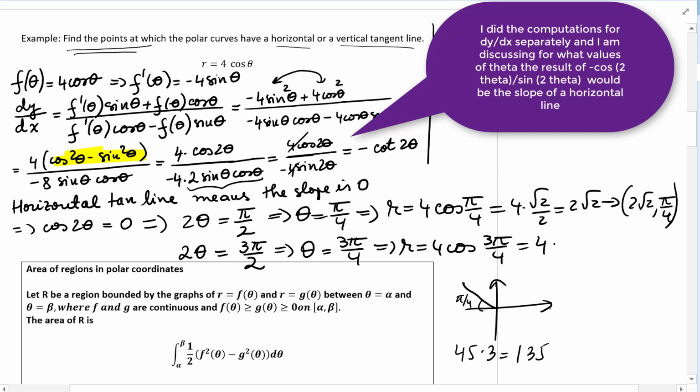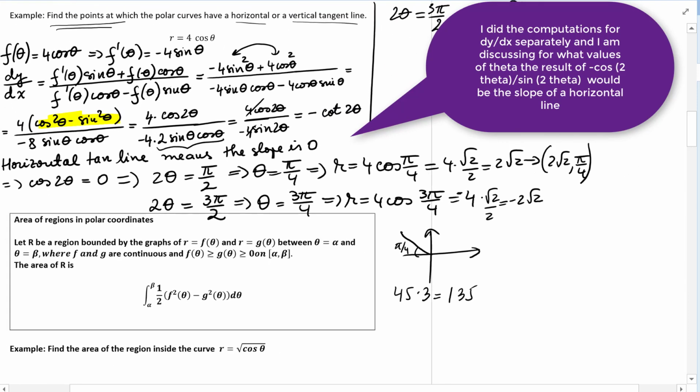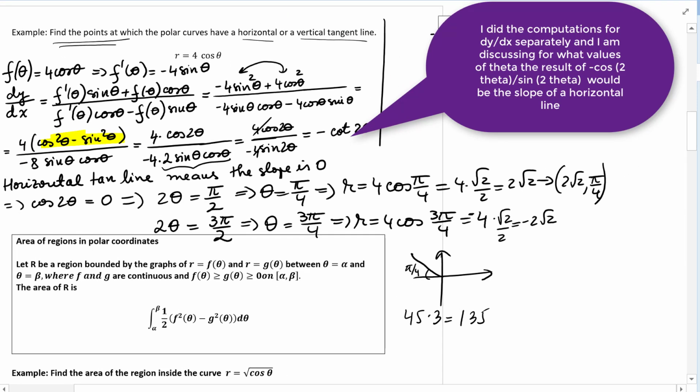So it's going to be negative square root of 2 over 2, which is negative 2 square root of 2. So the actual point would be negative 2 square root of 2, 3 pi over 4. So these are the 2 points where the tangent line is a horizontal line.